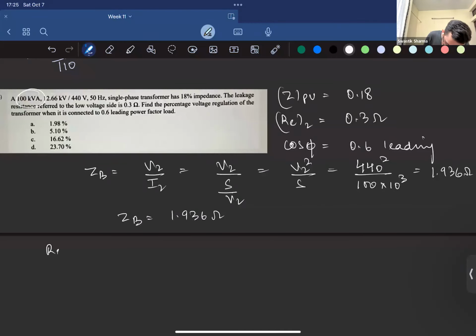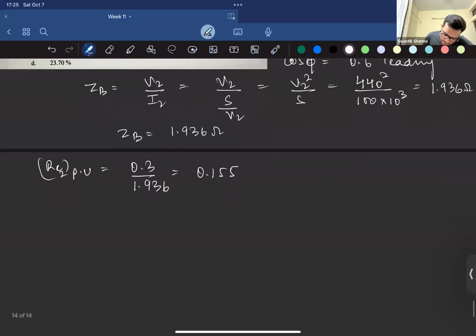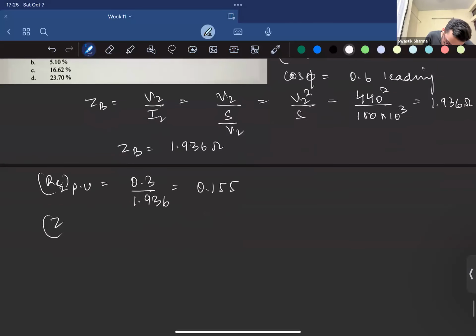Now, per unit value of the secondary side referred leakage resistance is given by 0.3 divided by 1.936, which comes out to be 0.155. Okay, so we are given ZPU, which is 0.18.